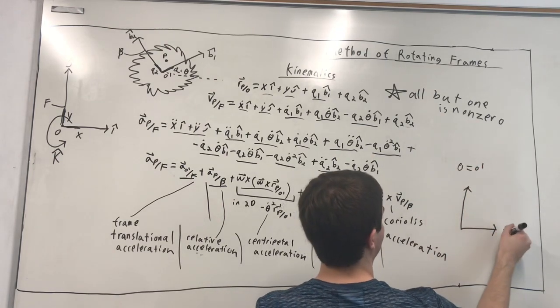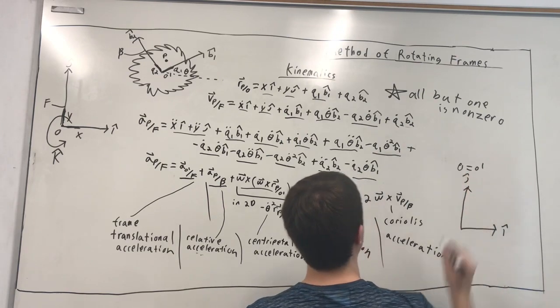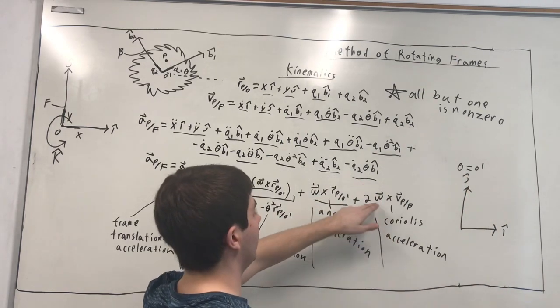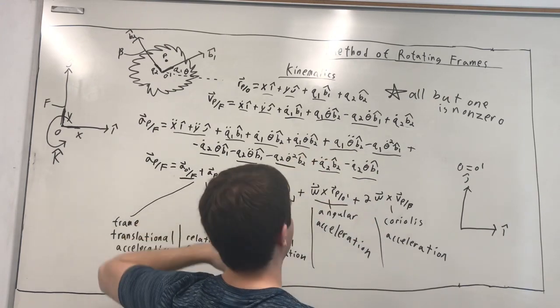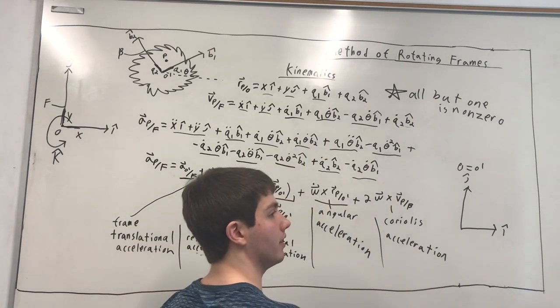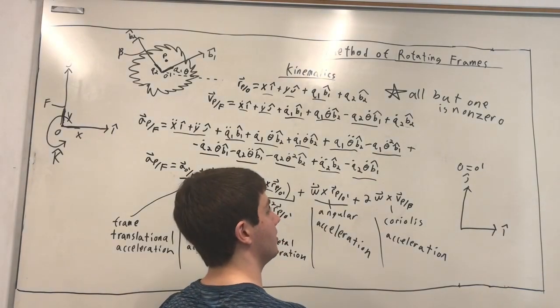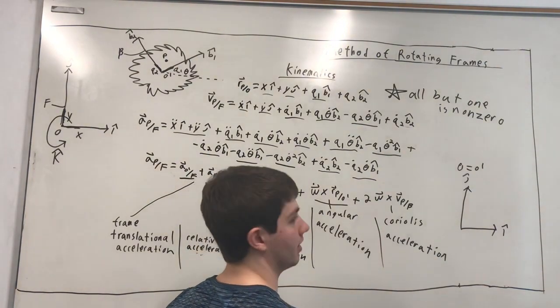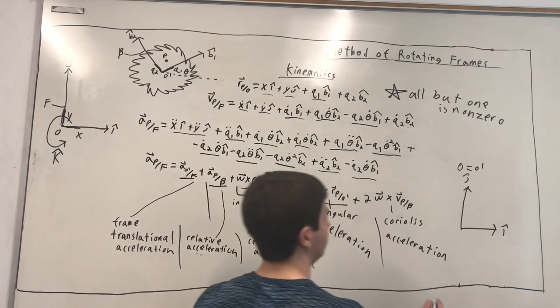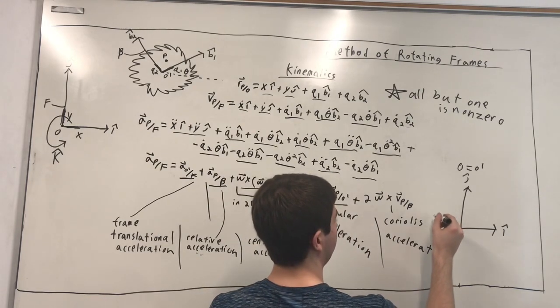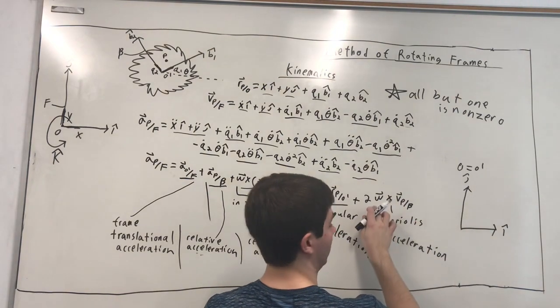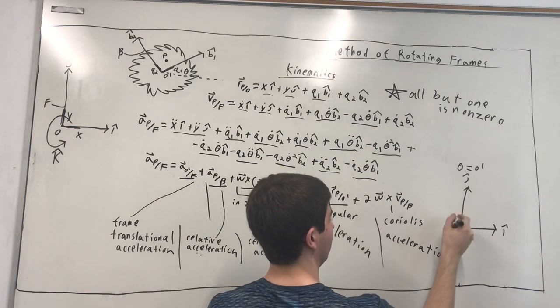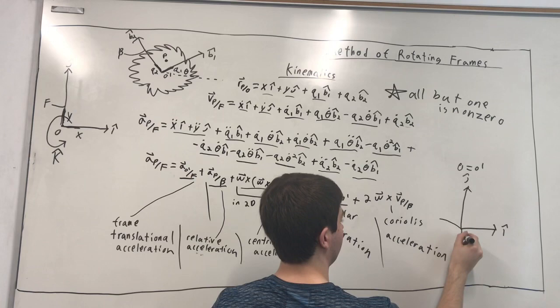So this is your i hat, this is your j hat, and you have a constant rotation. And the bug is also moving at a constant speed, or it's trying to move at a constant speed across the frisbee to get to the other side of the frisbee, all right? So, look, it's coming, and this is the only one that's non-zero right at the origin.